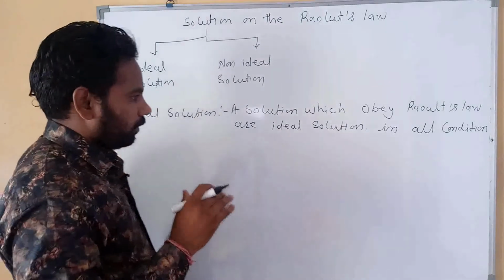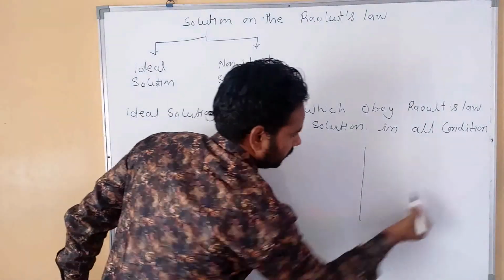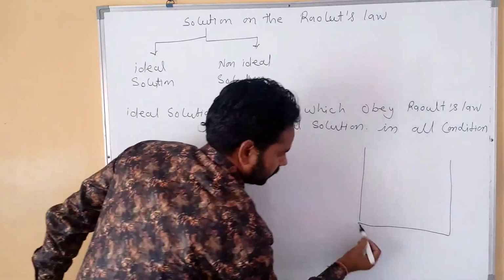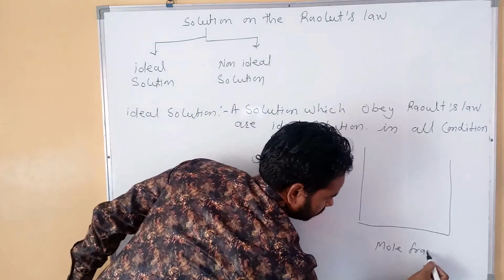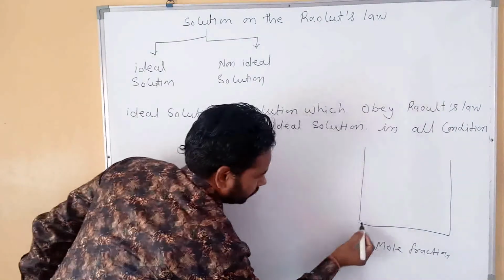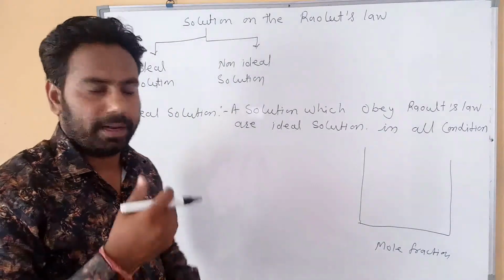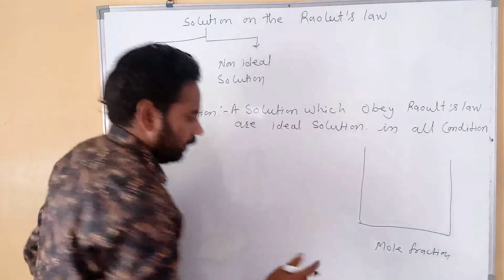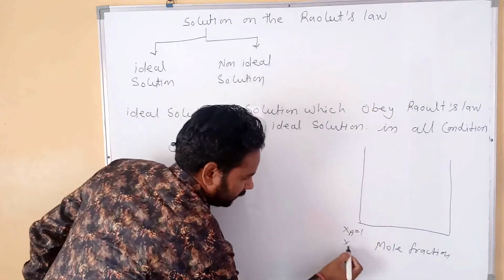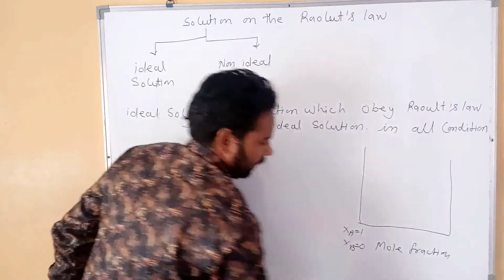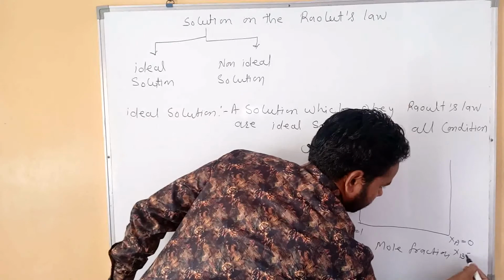Suppose we create a graph for ideal solutions, with mole fraction on one axis. You already know a solution is prepared from two different components. First we consider xa is equal to 1 and xb is equal to 0 here, and on the other side xa is 0 and xb is equal to 1.